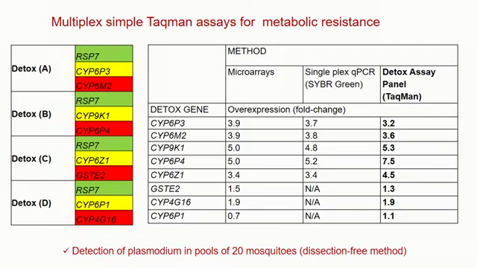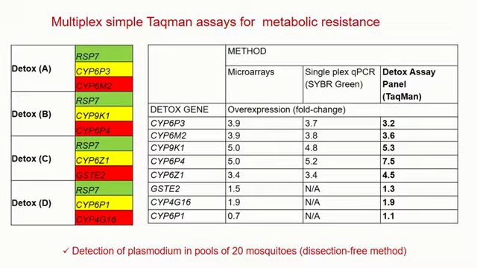We wanted to simplify this process further, so we developed multiplex, tripleplex TaqMan assays for a panel of major detoxification genes like CYP6P3, CYP6M2, CYP9K1, P4, CYP6Z1, and GST2, and we validated these TaqMan assay panels, and we saw that the information that we get is equally reliable to singleplex qPCR or microarrays. You get the same fold change by doing either method.